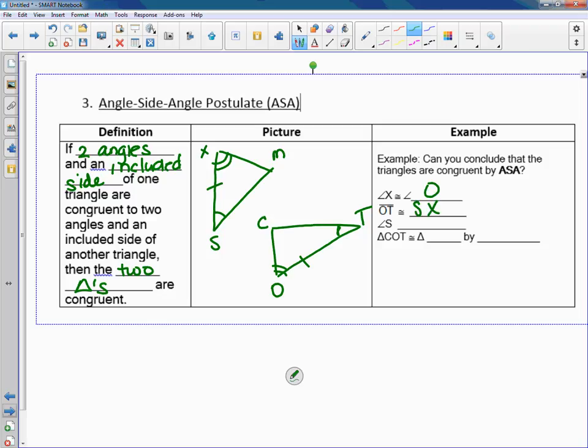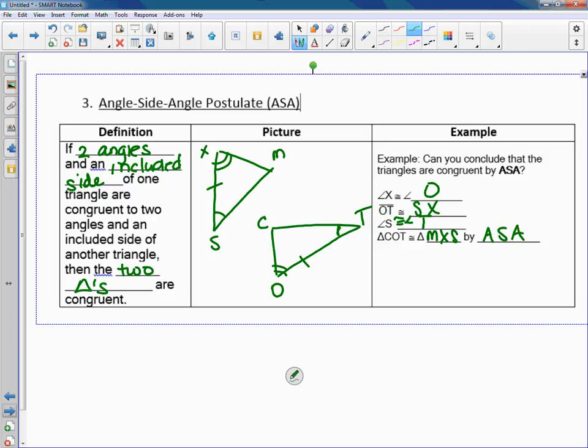And angle S is congruent to angle T. I'm going to put a congruent sign. So therefore, COT is congruent to MXS by angle, side, angle.